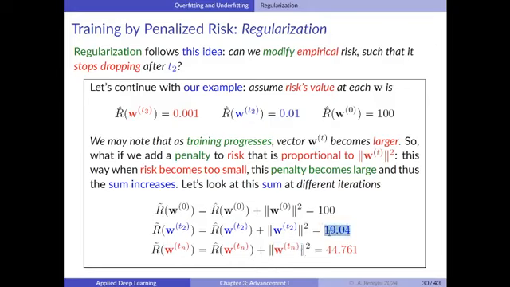As we can see here, the best iteration is T2, which is what we wanted.